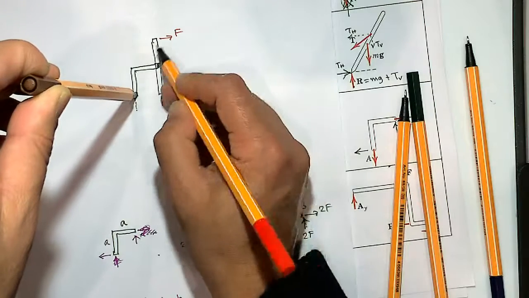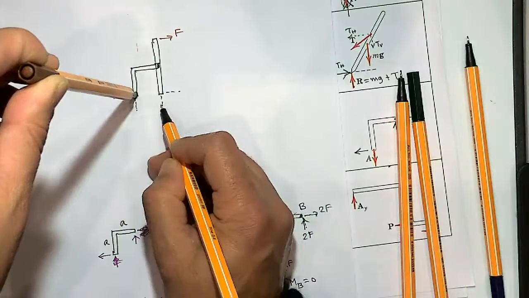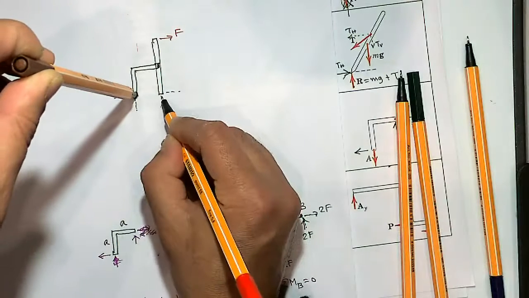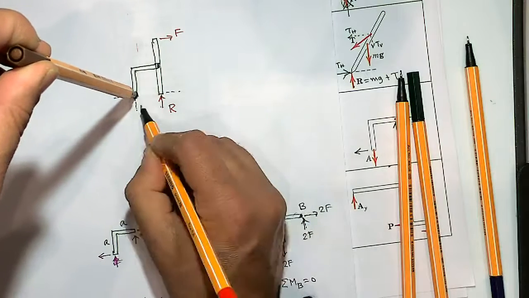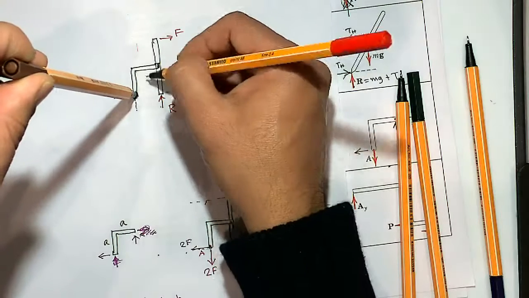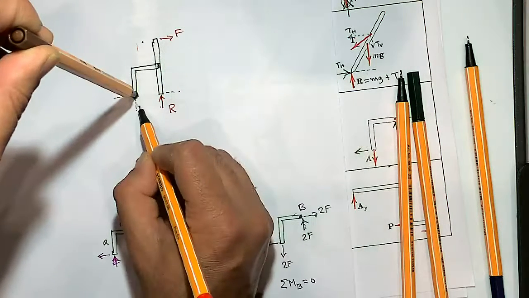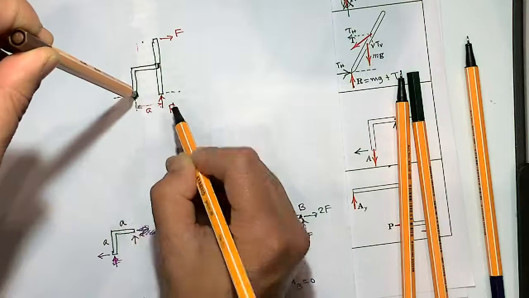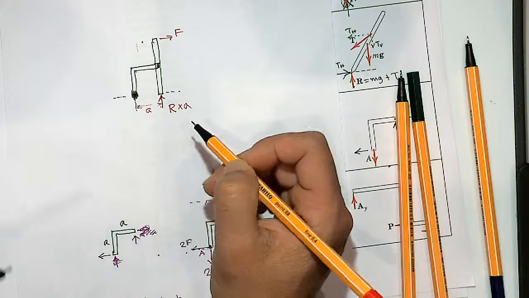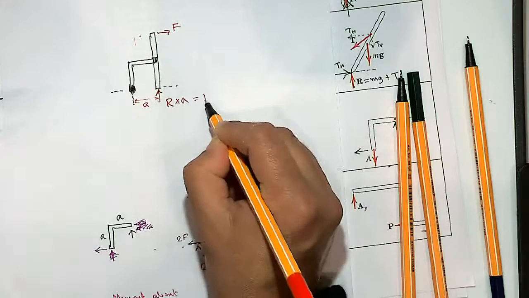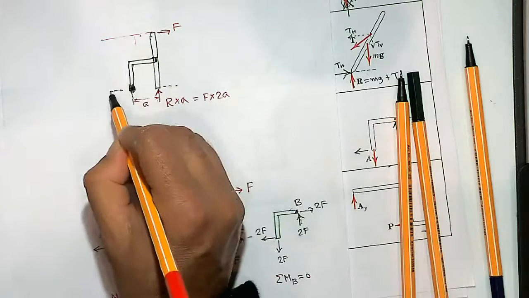So if this is at a distance, say twice A, F times twice A must be balanced by A times the force. So if this reaction force was, say, R, then R times A must be equal to F times 2A. So the moment about this point is R times A, which must be equal to F times 2A, because this distance is, how do we calculate moment?